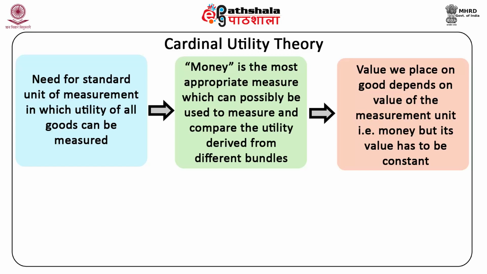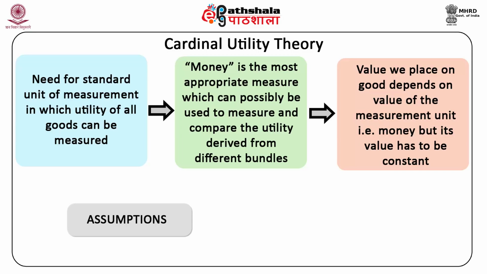It should not be the case that as you get richer, the value of an extra rupee diminishes, or as the money left with you gets smaller and smaller, we start valuing it more, so that the marginal utility of money keeps on increasing. Hence, there are certain assumptions on which this theory is based.